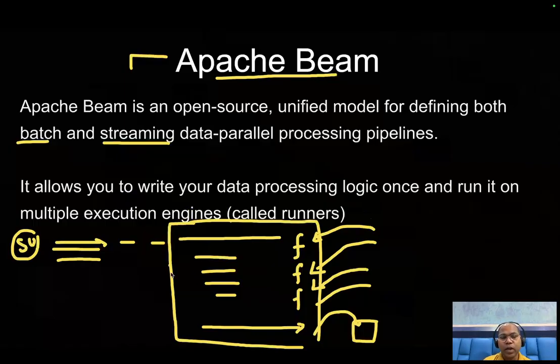And after running the pipeline, whatever outcome comes, you can again push to another sink or database or any cloud, whatever place you want. So these are the basics about Apache Beam.